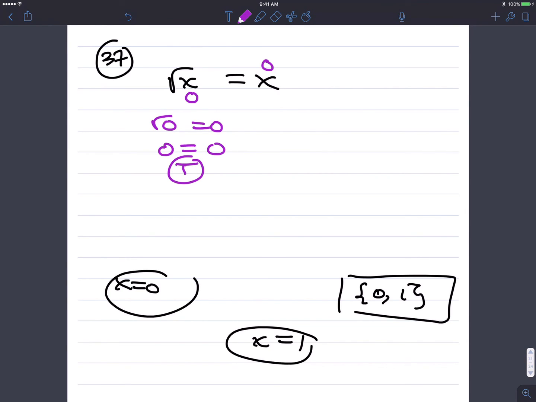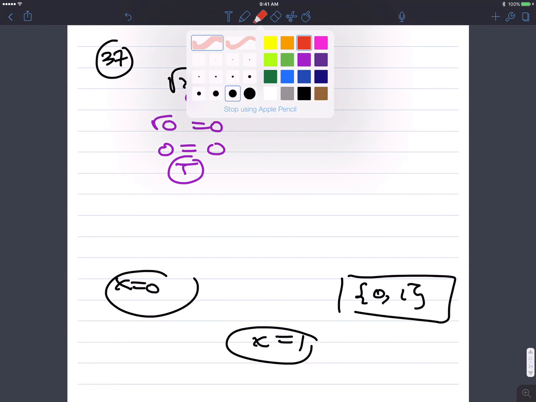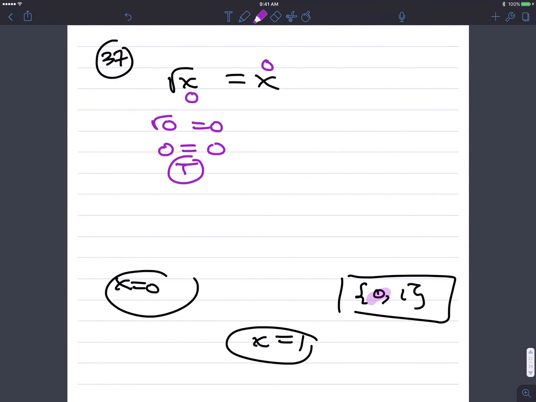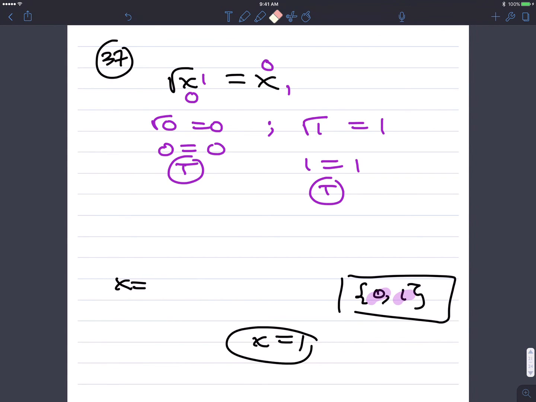That means x is 0 is a solution. So we're good. But now plug in x as 1. The square root of 1 is 1, or 1 equals 1, and that's also a true statement. So we're good. This is the actual solution set. Looking back at the book, you'll see 0, 1 as solutions. So we're going to do this for our questions. We're going to check to see whether they're really solutions.